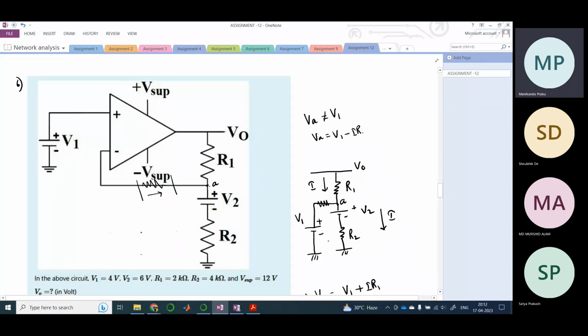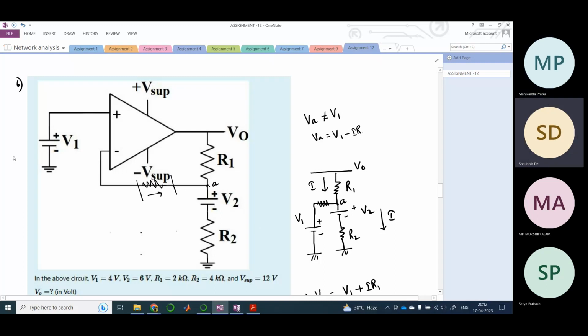Okay, sir. If we remove R1 and V2, at that time also the potential at A and V1 are both equal, correct, sir?